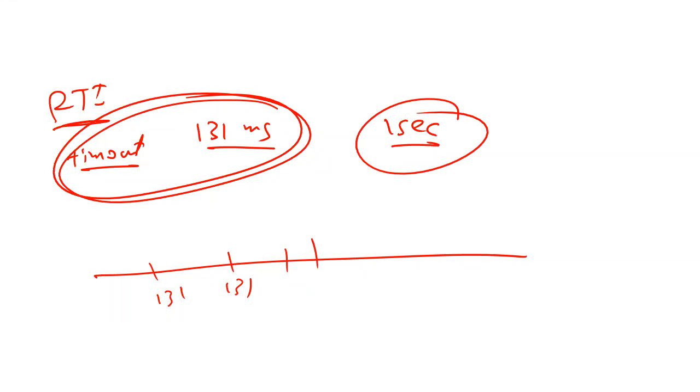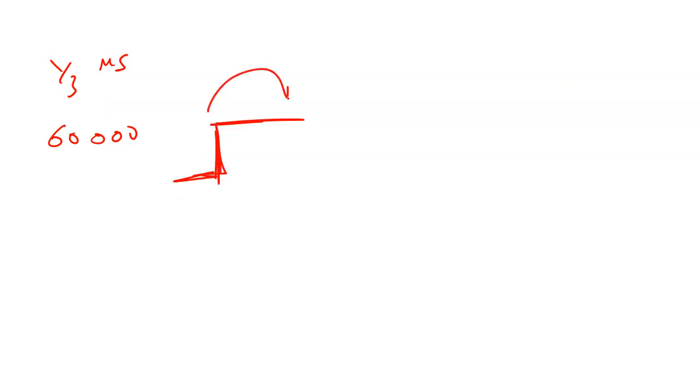So first, let's think about it. If I use 1/3 microsecond and 60,000 counts, that means the next toggle, if I'm here, will happen after 20 milliseconds. Is that okay?